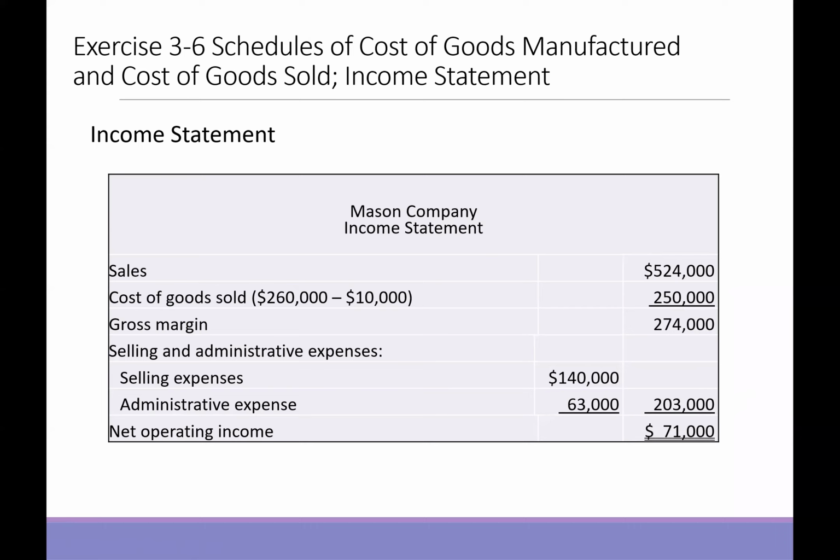Then we've got our selling and admin expenses that go straight to the income statement. Gives us our net operating income. It seems like a lot, guys, but if you break it down by statement, it's just so logical here.